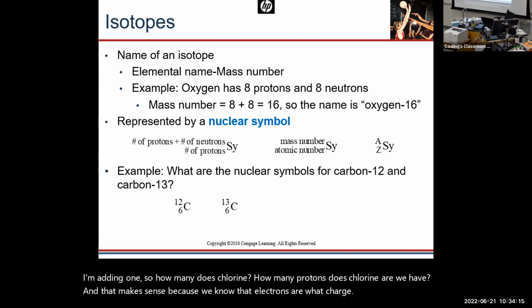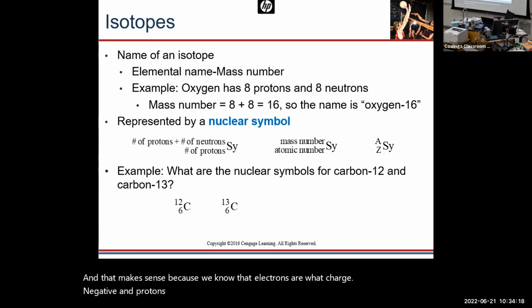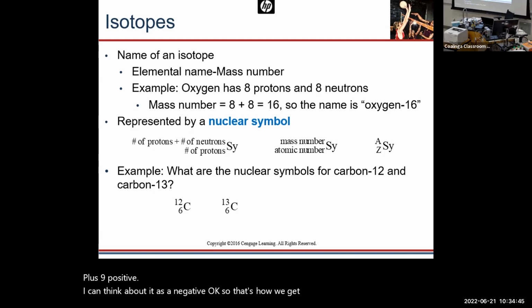Negative, and protons are positive. So if I have 9 positive and I have 10 negative, then what's going to be left over? Do the math. 1. That's how we get that negative charge up there, because there's only one of them.